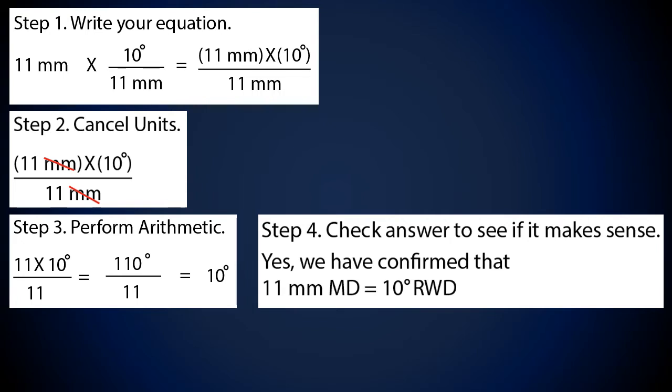Step 4, check the answer to see if it makes sense. Yes, we have confirmed that 11 millimeters in map distance is equal to 10 degrees in the real world distance.